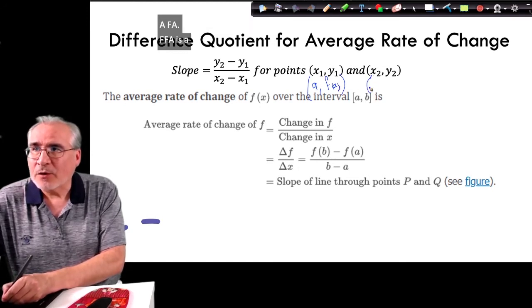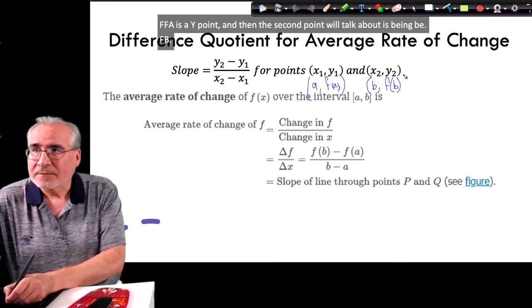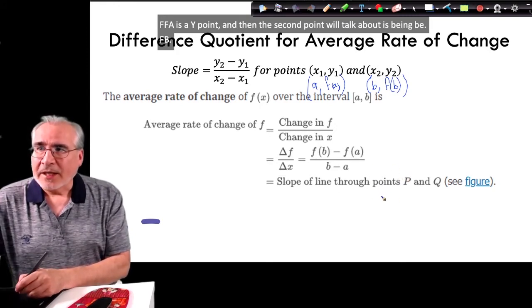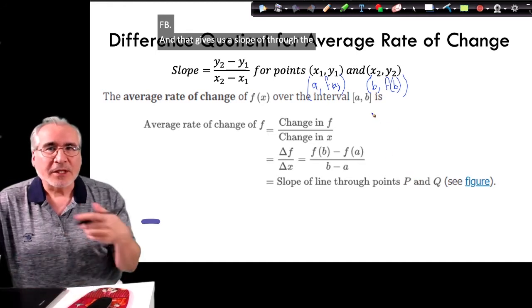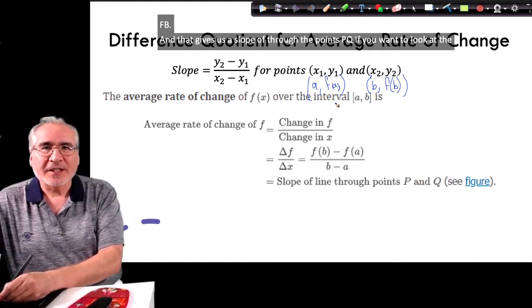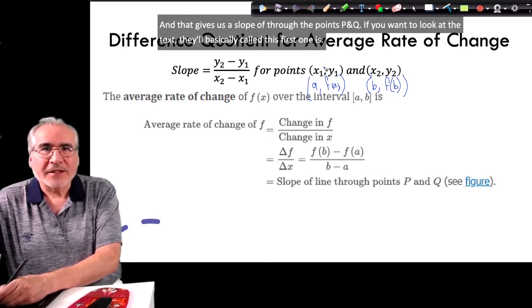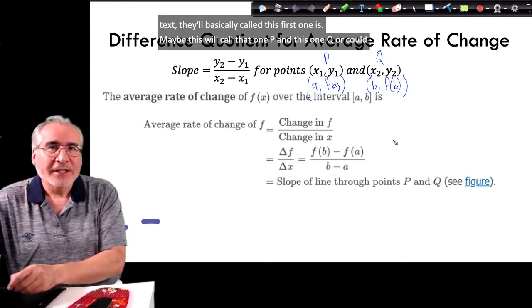And then the second point we'll talk about as being b, f of b. And that gives us a slope through the points P and Q. If you look at the text, they'll call this first one P and this one Q, or it could be the other way around.